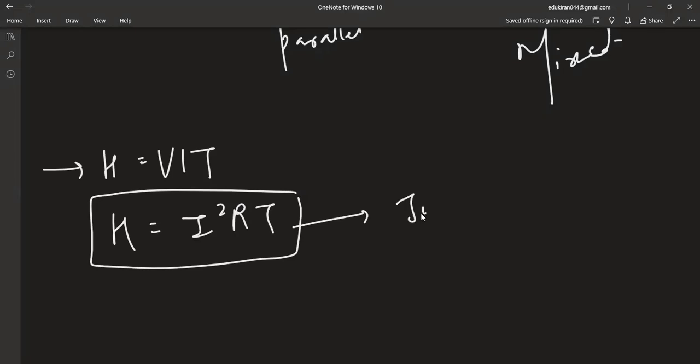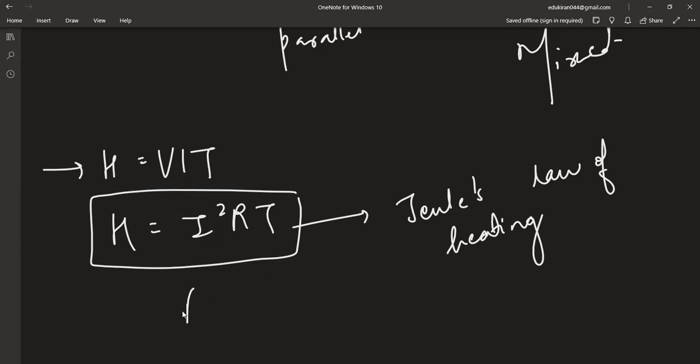If this term comes in the exam, Joule's law of heating, it is not out of syllabus. This basically says that heat is directly proportional to the square of the current and directly proportional to resistance. Exactly this you have to explain.